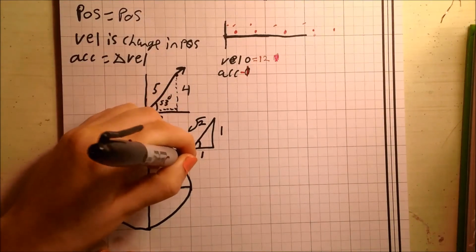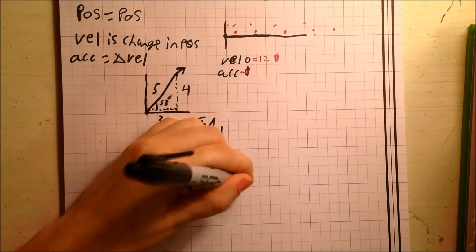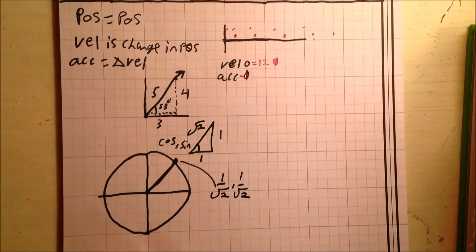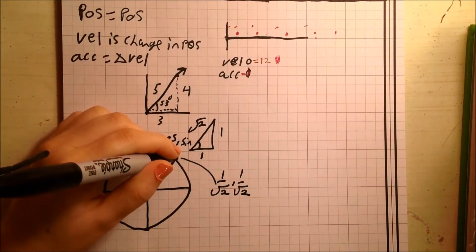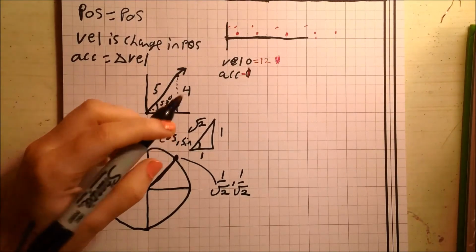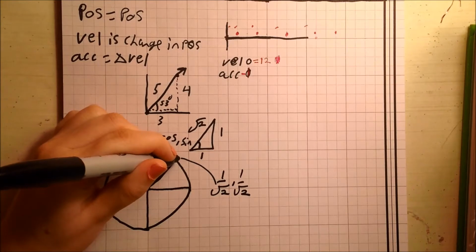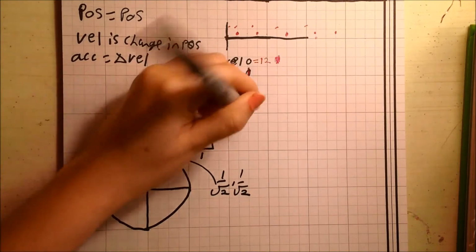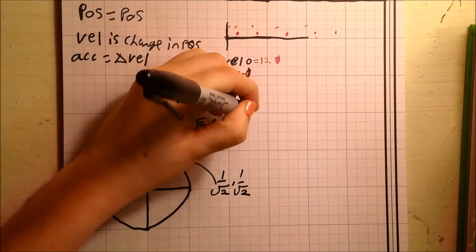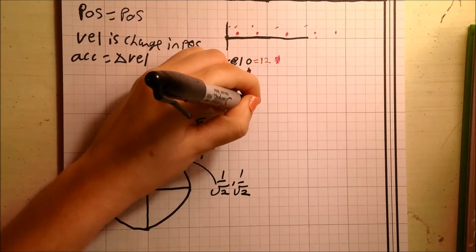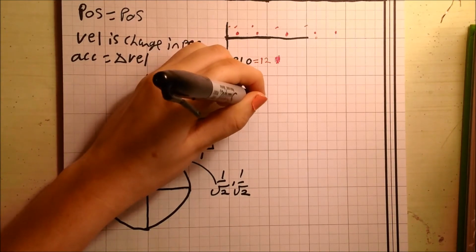So this point's coordinates are 1 over root 2, 1 over root 2. So then for this object, at each update, it moves over 1 over root 2, and it moves up 1 over root 2. So then, let's say this is the same object with that velocity. It'll get updated. It'll move to here. Its new position is here.